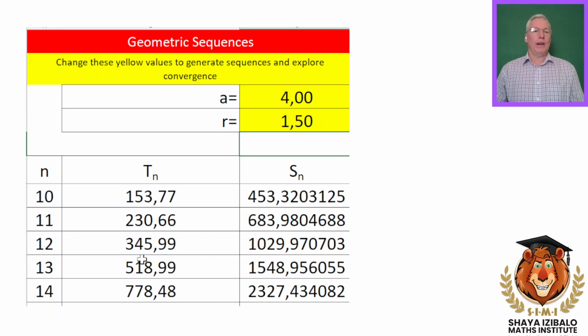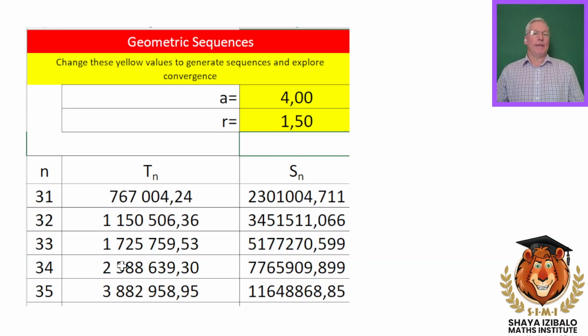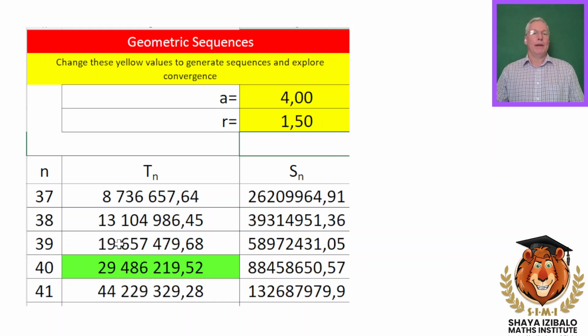Now if we scroll down here, we will see in fact that the 39th term is just a little bit less than 20 million. The 40th term is much bigger, but the 40th is the first one to exceed 20 million. We could not have answered that question without the ability to find logs.